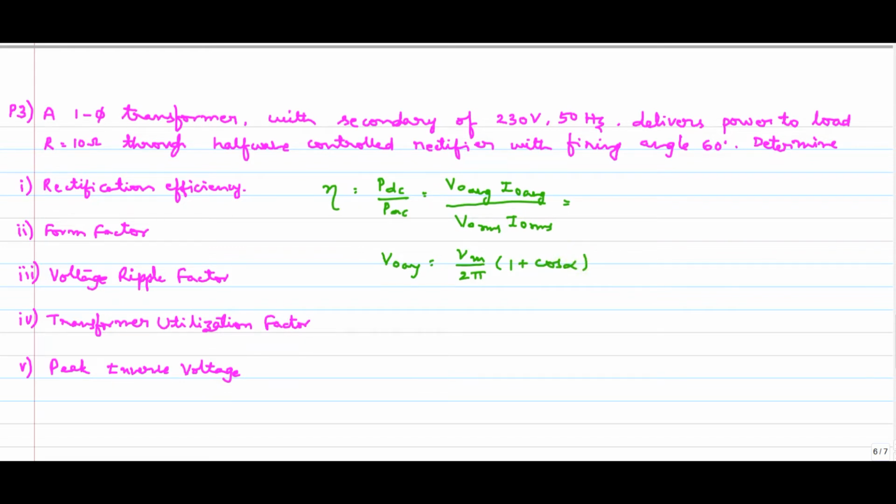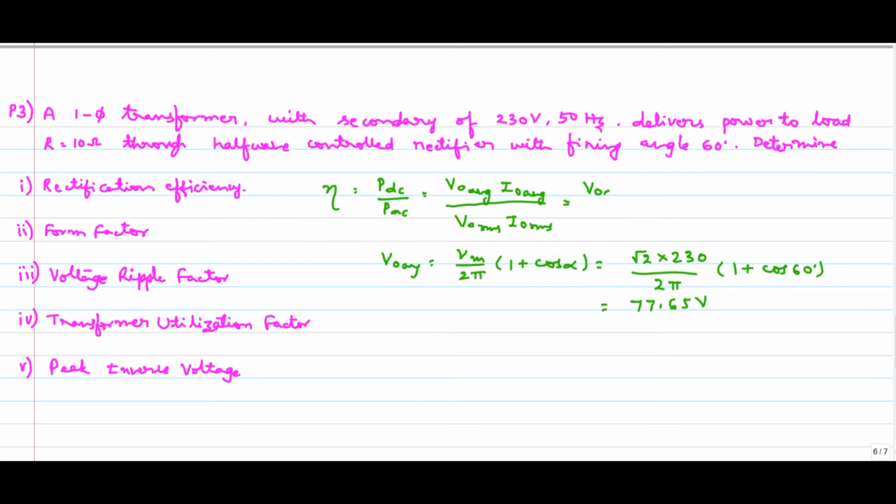Vm is root 2 into Vs, where Vs is 230 volt. Divided by 2 pi into 1 plus cos alpha, with alpha equal to 60 degree, the value is 77.65 volt.